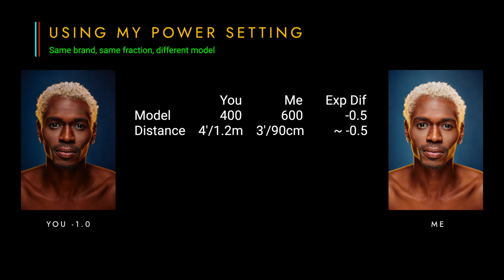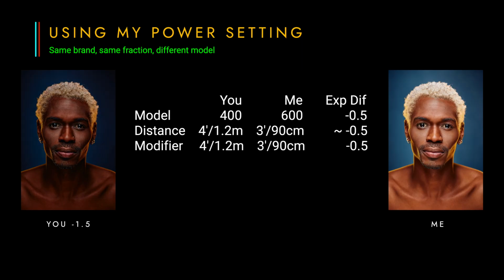Now, let's say that you were looking at that photo and you thought that the light was 4 feet away. So you thought that, given that I was using a 4-foot or 120 centimeter modifier. But actually I was using a 3-foot or 90 centimeter modifier because I was using a smaller modifier closer up and you thought I was using a bigger modifier further away.